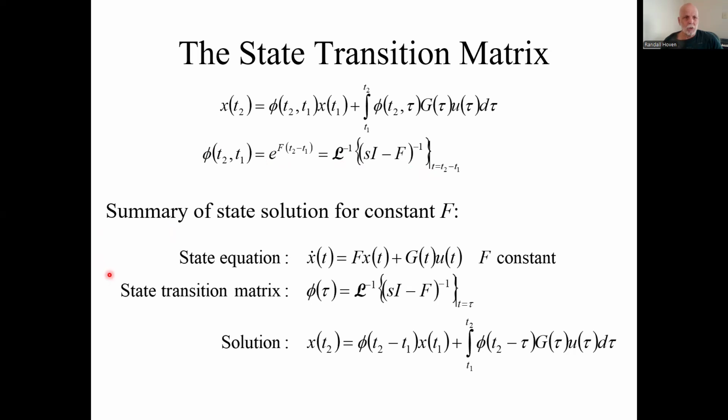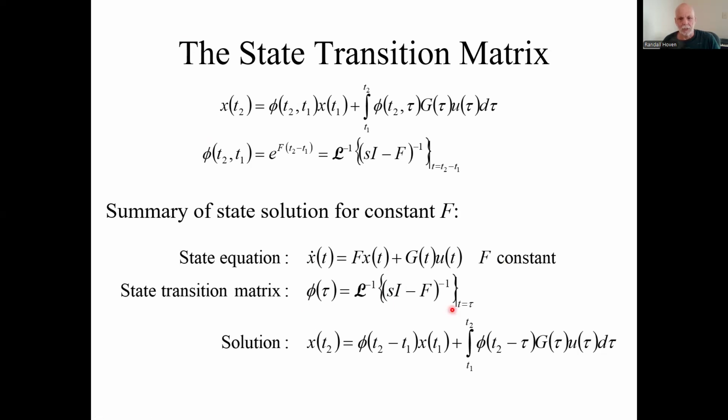So here's kind of a summary of the state equations. Here was a state equation. We didn't get into the measurement equation. This is just a state equation, that first big matrix equation in the state space format. Here was the equation.